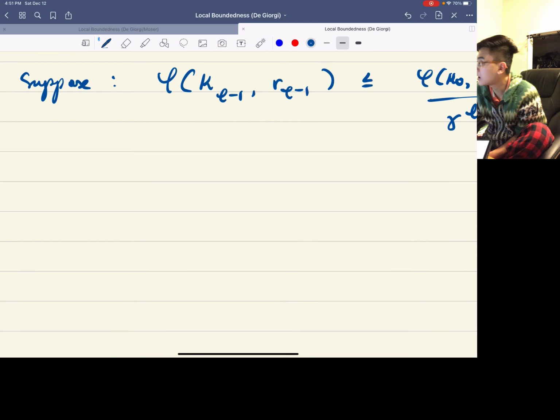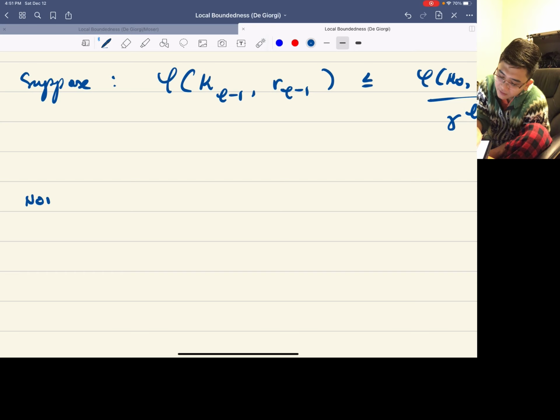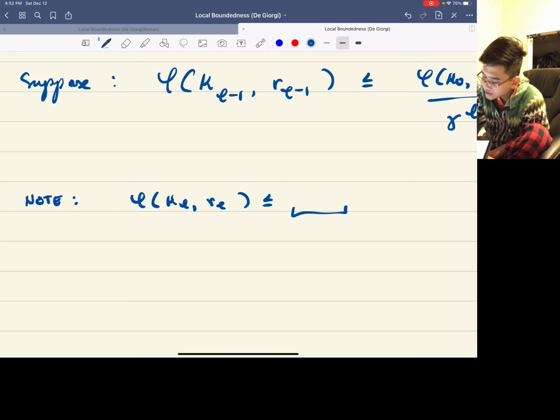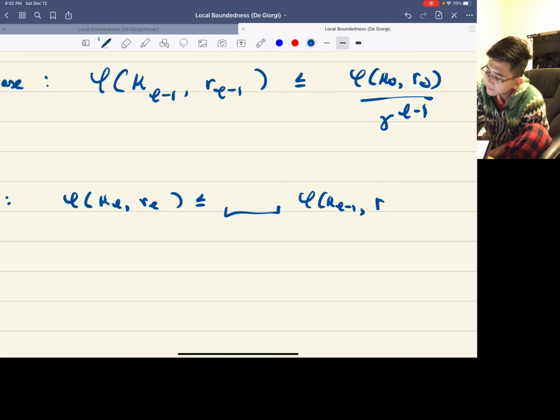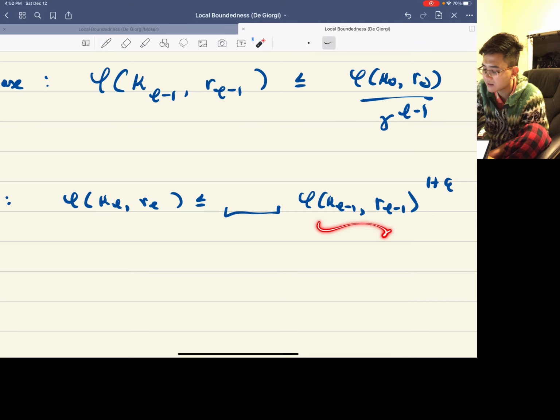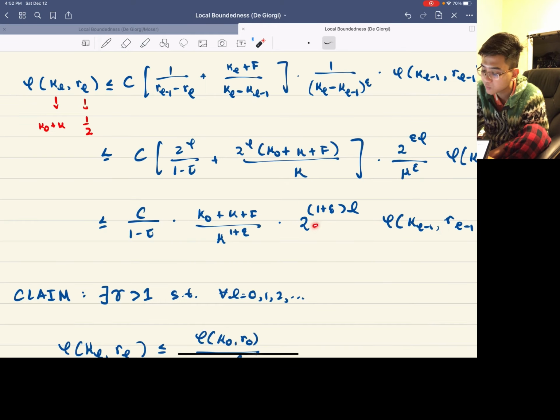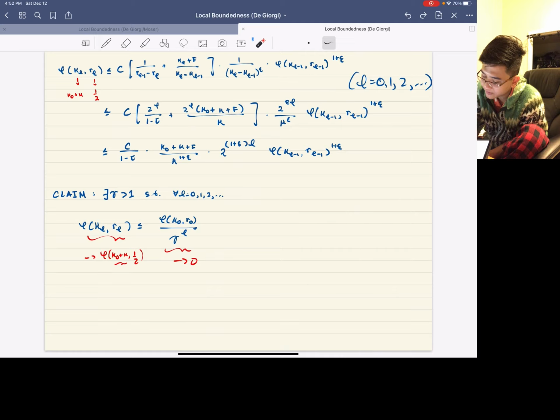How do we do that? Note that we know that phi of KL RL would be less than or equal to a bunch of things times phi of K_{L-1} R_{L-1} raised to 1 plus epsilon. And this is the tricky thing, this 1 plus epsilon. So let's work with that.